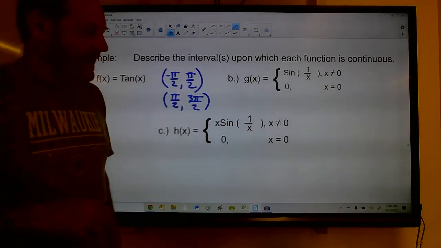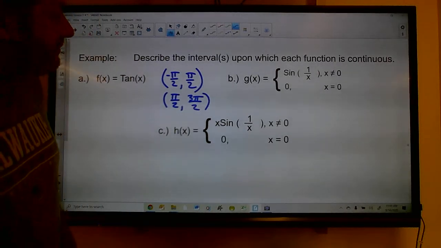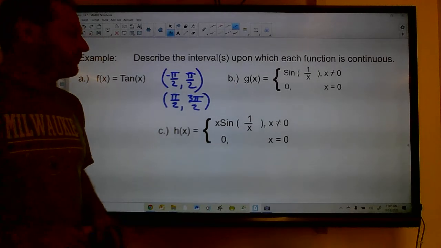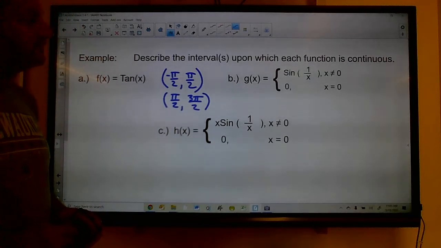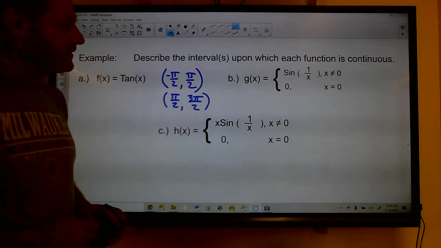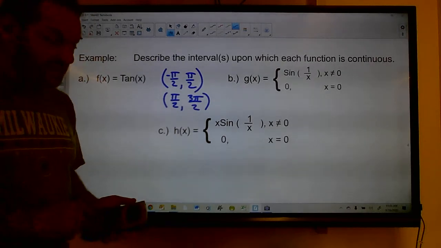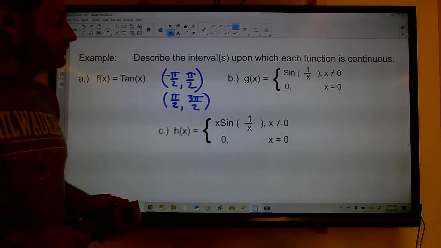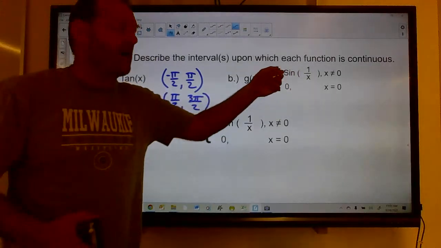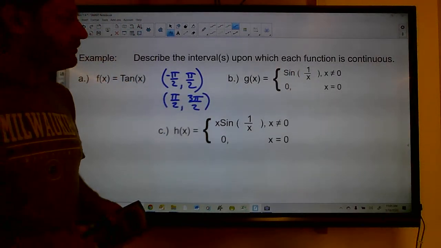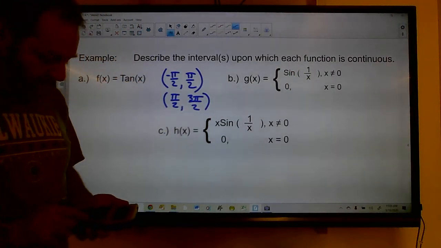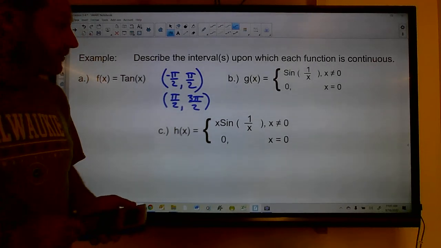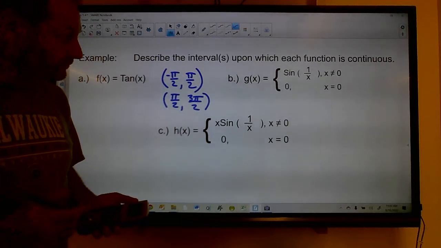Okay, let's look at g of x equals the sine of 1 over x when x is not equal to 0, and 0 when x is equal to 0. Now, this is a little bit complicated, and most people don't know what that looks like, so I would go ahead and graph that and take a look at it.